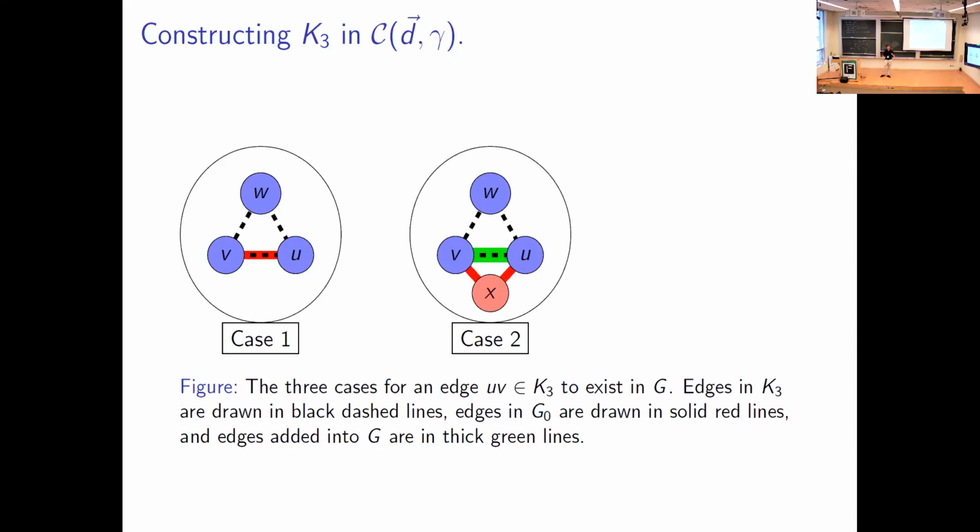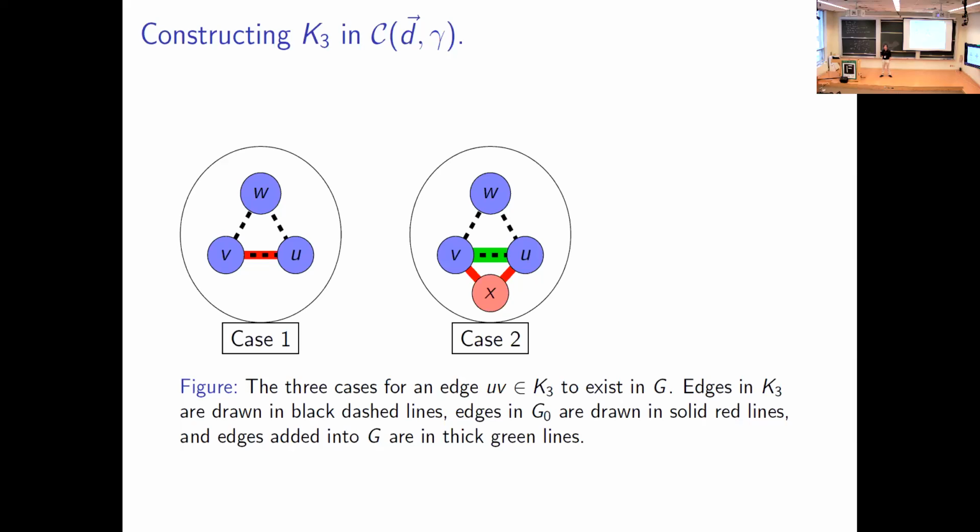This is great because I could potentially flip my coin for this path of length 2 and add in green the edge between U and V. This is also a fairly nice case. This is basically the proof of how the degrees change, the proof for the expected degree of the new model.